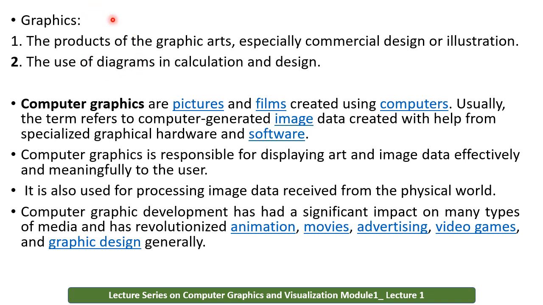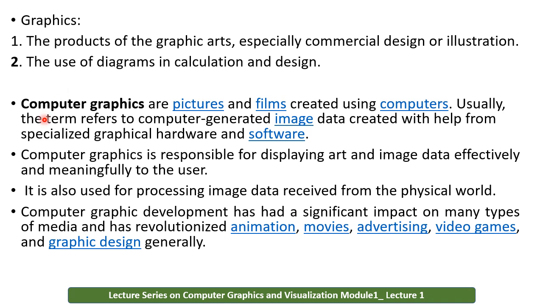So now if we relate computer graphics with the drawing of graphical arts as well as diagrams related with a computer, these diagrams, if we draw them with the help of a computer, that is what is called computer graphics.